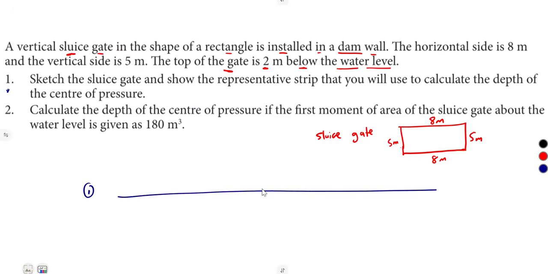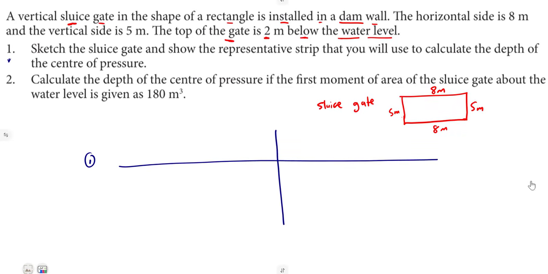So I want you to take note here. Remember, I said we are going to use our x-axis as the water surface or our water level. So meaning to say our diagram is going to be below the x-axis. All right, our water surface. So this is it, guys.